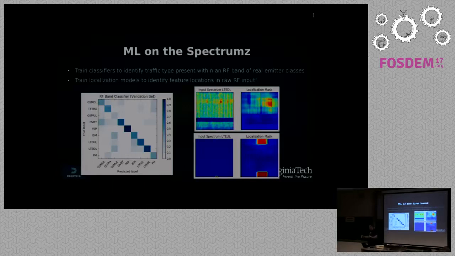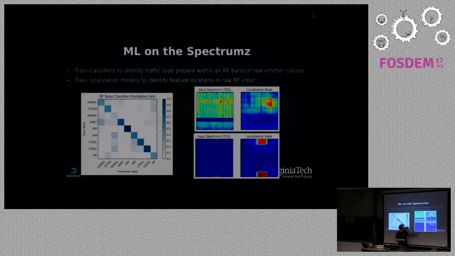And so what we can do is take any random spectrogram that comes in, like these two, and look at where in that input spectrogram there were activations that led to thinking it was that class, right? So we can say, what in this image makes us think it's LTE uplink?